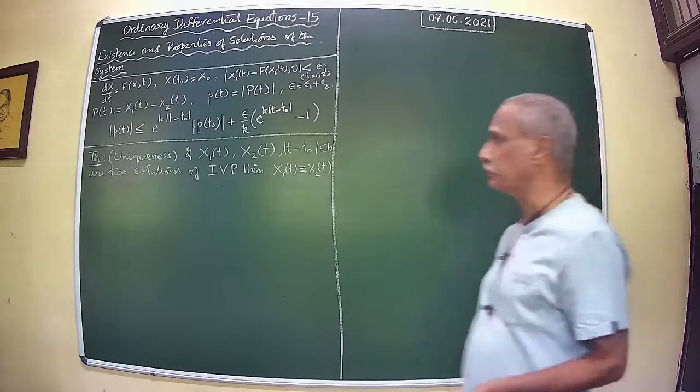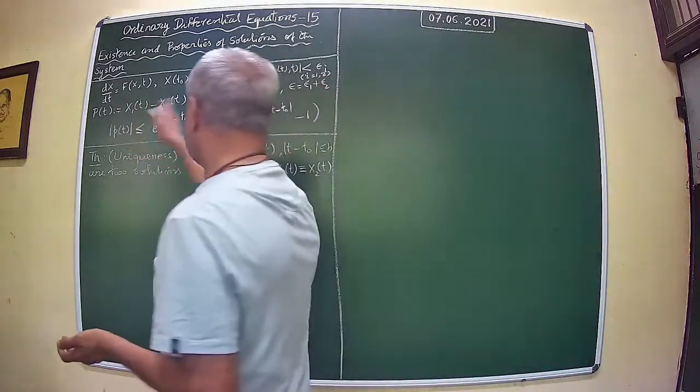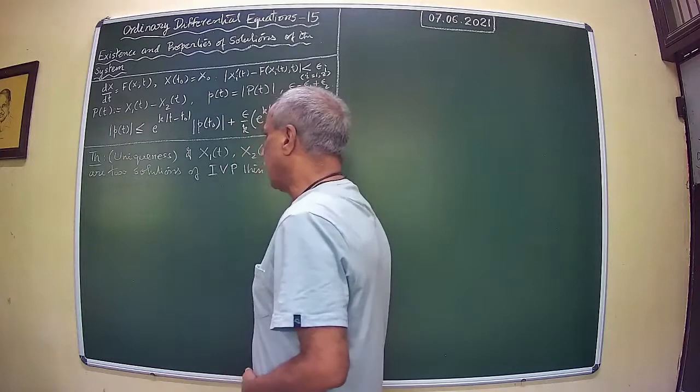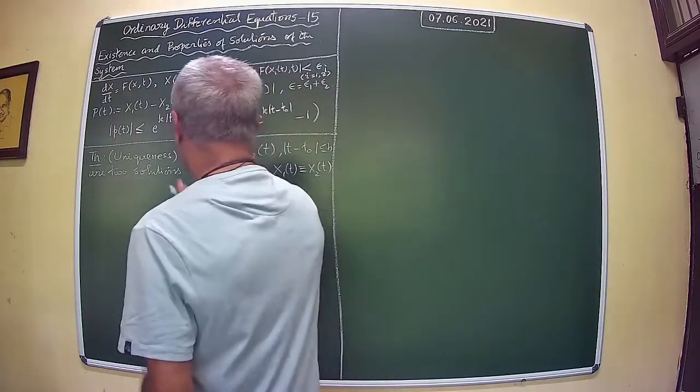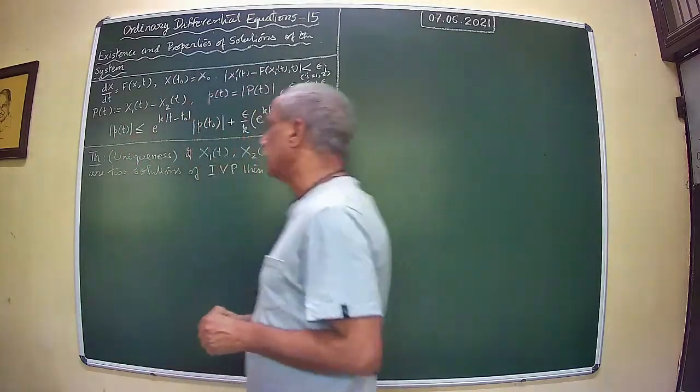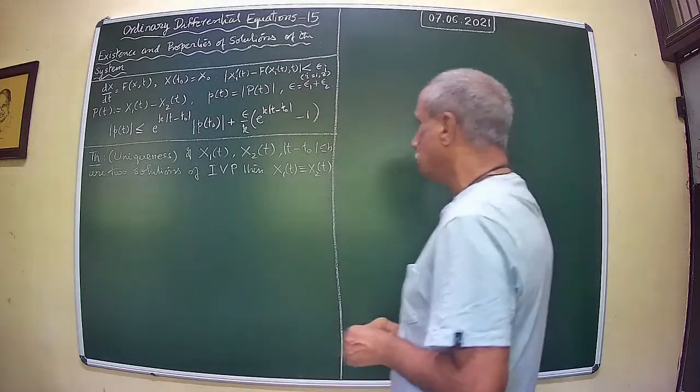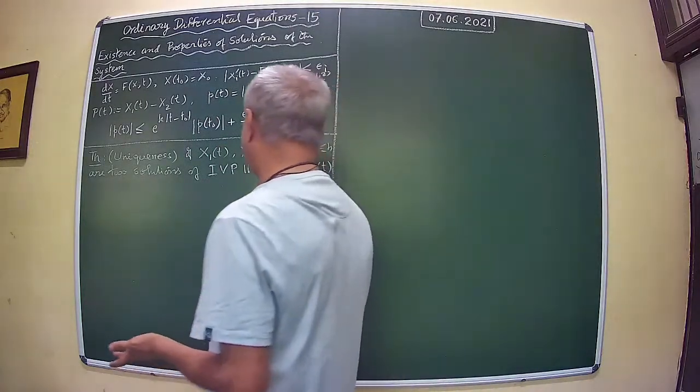It's very simple to prove, because you use this. You know that at t naught, x1(t naught) is equal to x2(t naught), therefore p(t naught) is 0.